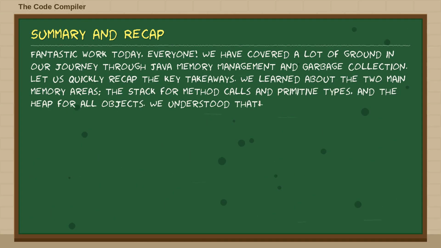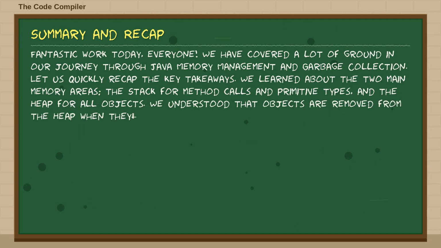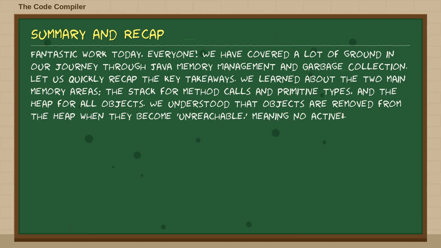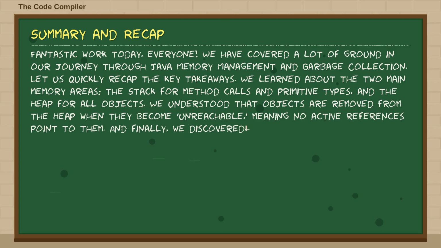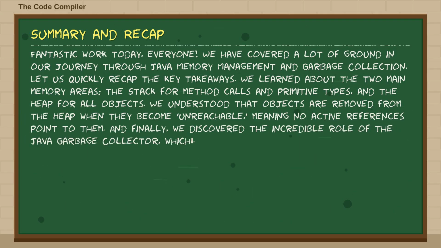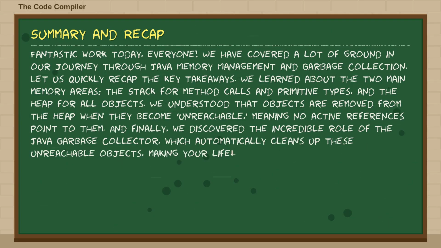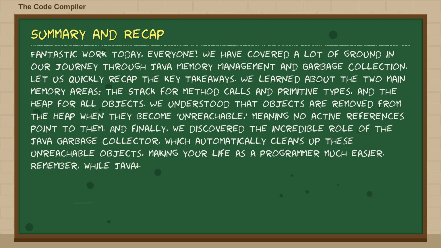We understood that objects are removed from the heap when they become unreachable, meaning no active references point to them. And finally, we discovered the incredible role of the Java garbage collector, which automatically cleans up these unreachable objects, making your life as a programmer much easier.